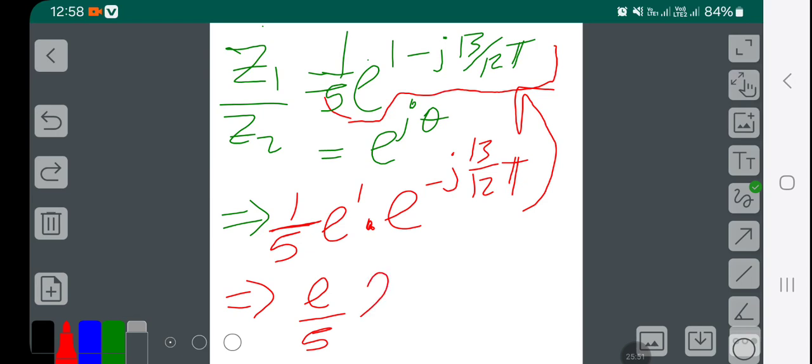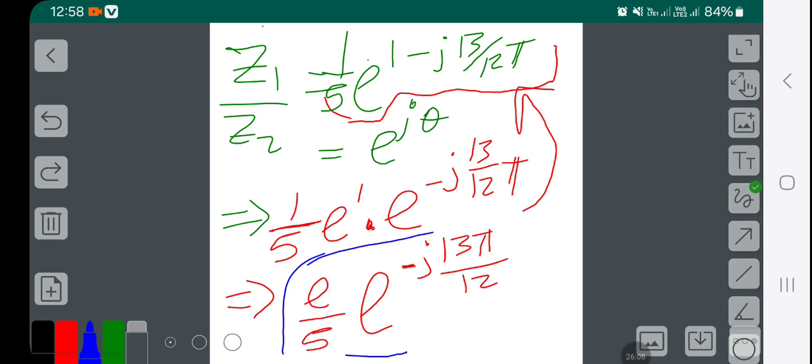Now I'm having e to the power of negative j 13 pi over 12. Now that is it. This one will become your final part of your exponential.